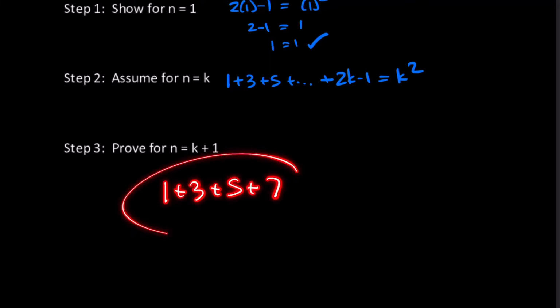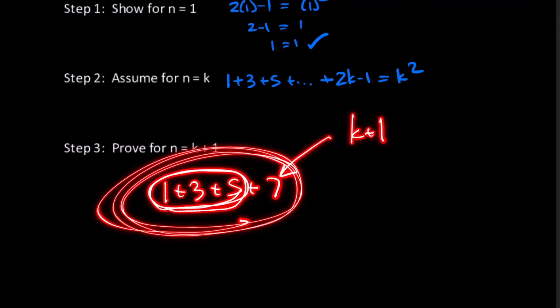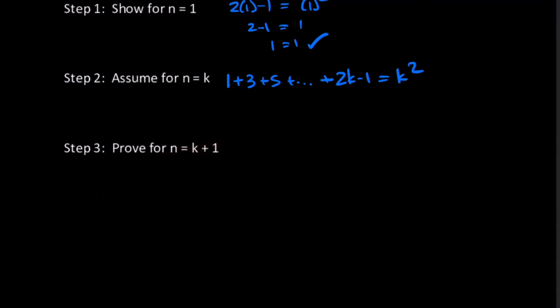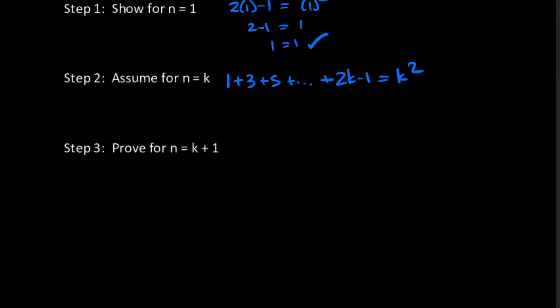So if I want to list out this sum, I have to include these. So this right here is kind of like the k plus 1 term. So what that means is I need to include all of this in this step down here. And that's what it said by use the assumption step as substitution.